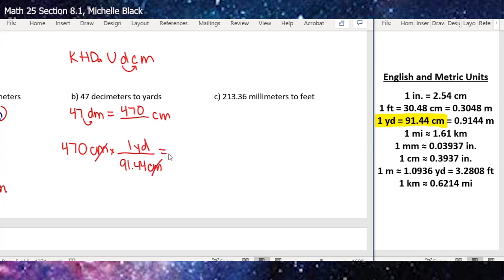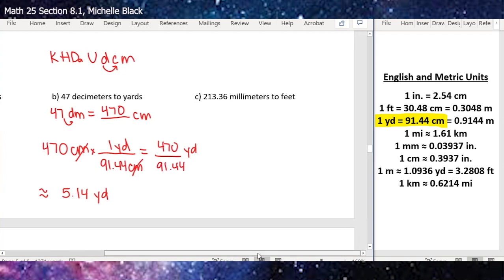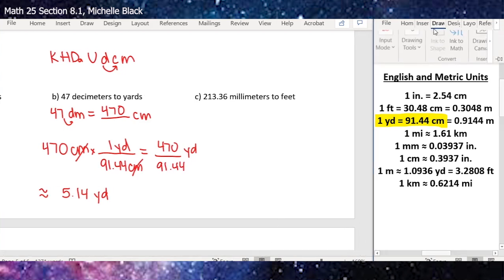Centimeters will cancel. What I'm left with is 470 divided by 91.44, and the unit I have left is yard. And plugging this into your calculator, you get that this is approximately 5.14 yards.